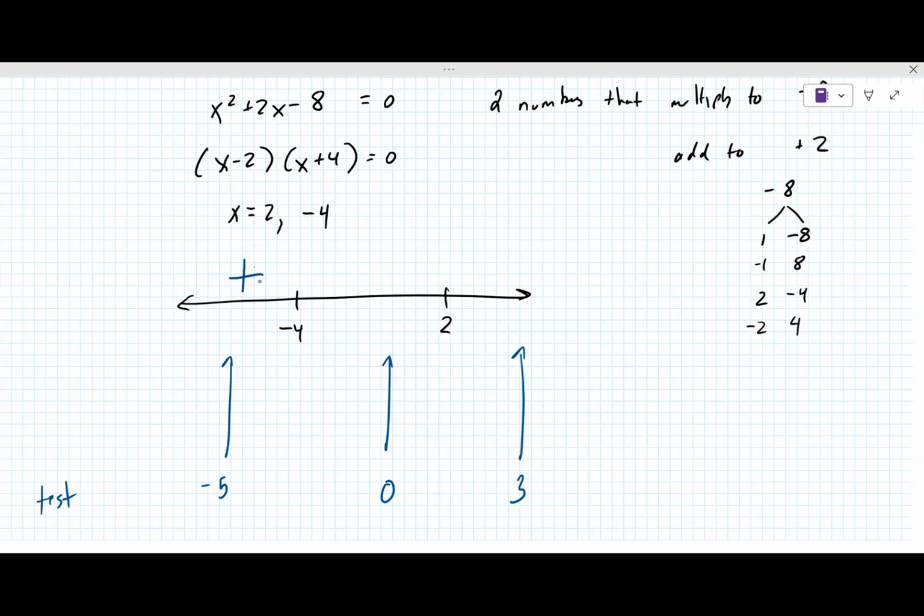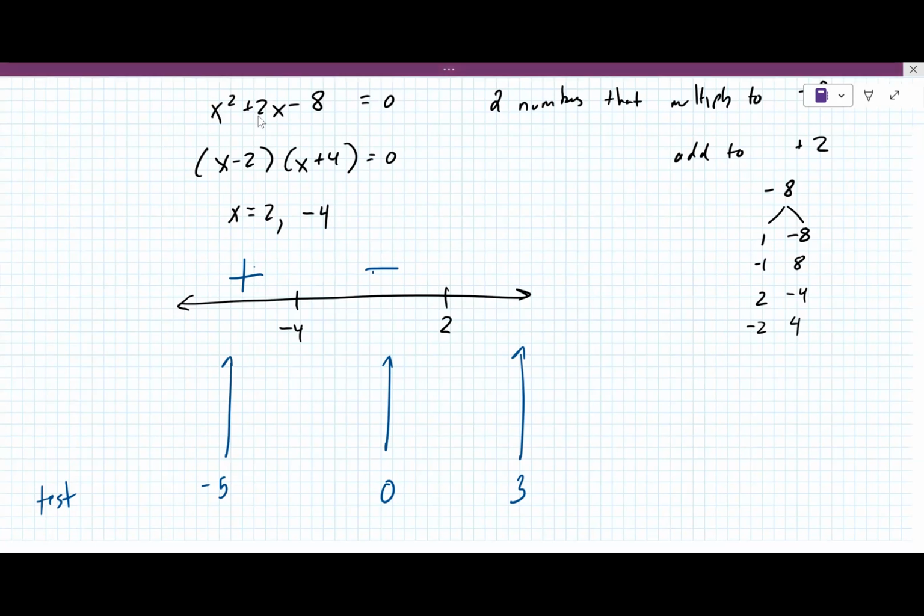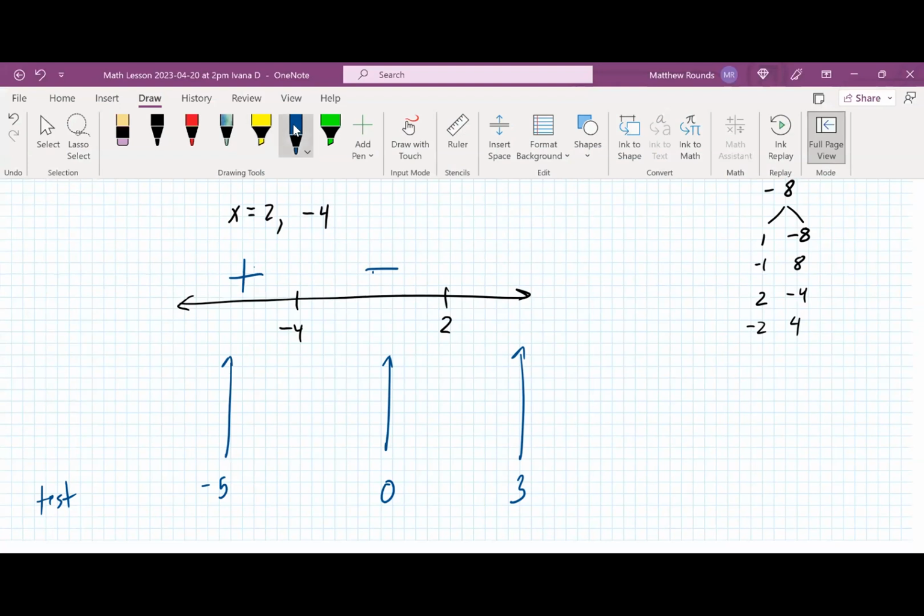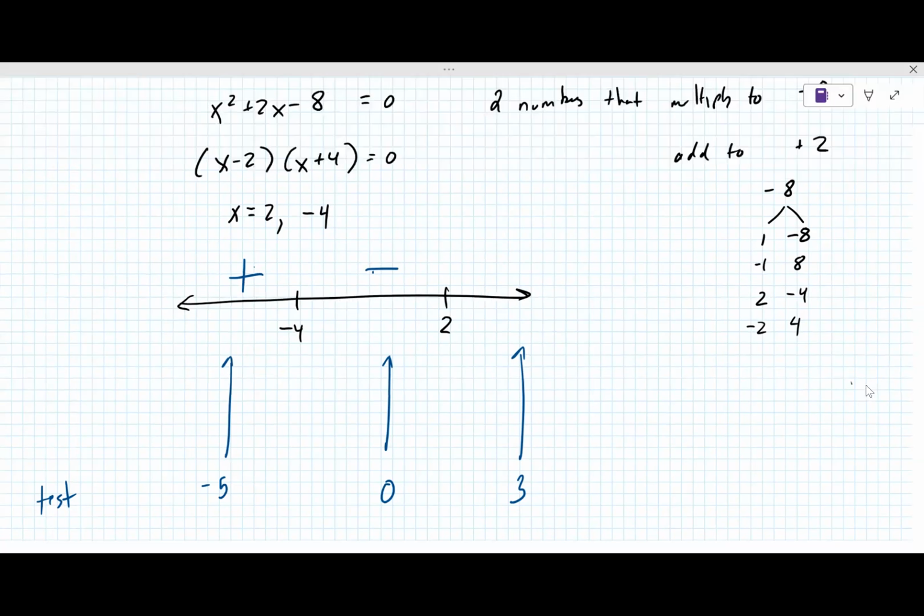I got negative 8. Okay, negative there in the middle, and for the last one? Okay, I got 7 again.